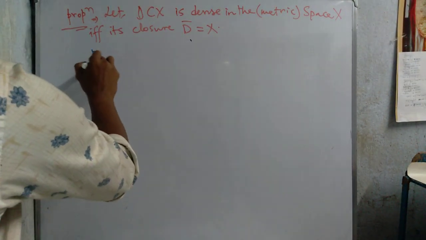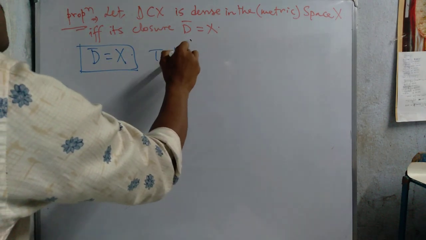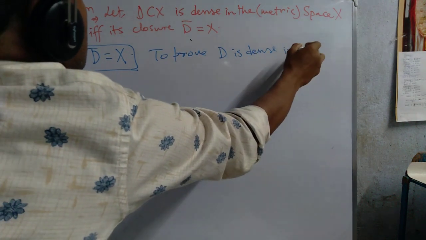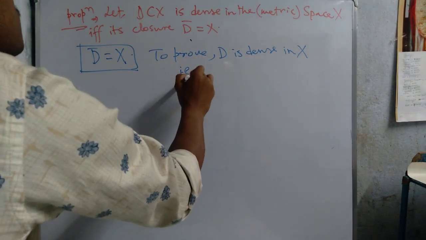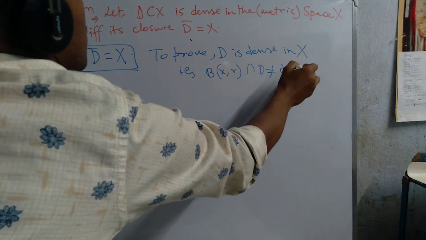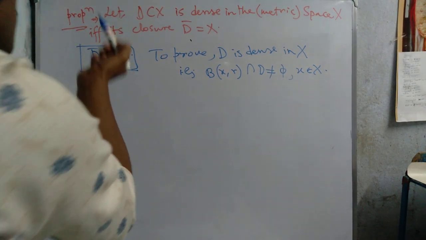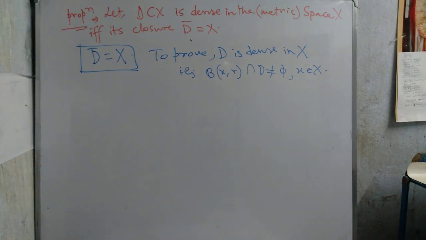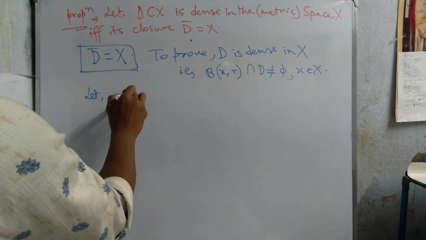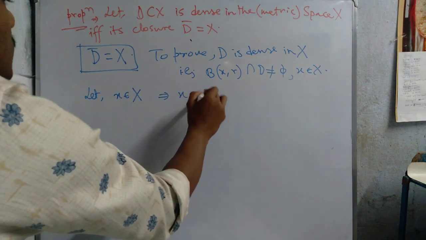First, this one is given, D closure equal to X. To prove D is dense in X, this means B(x, r) intersection D not equal to empty set if x belongs to X. So let x belong to X, this implies x belongs to D closure.